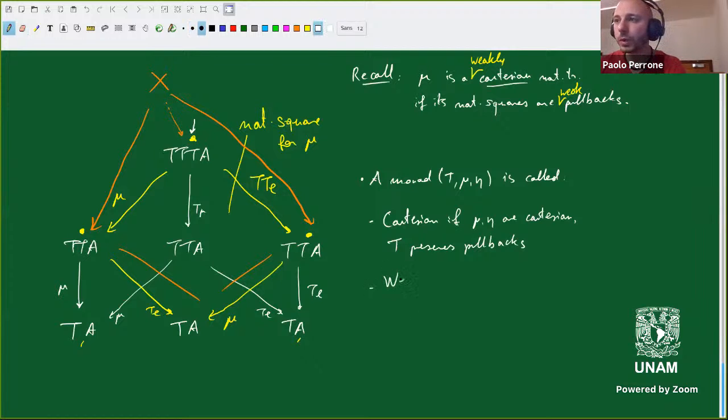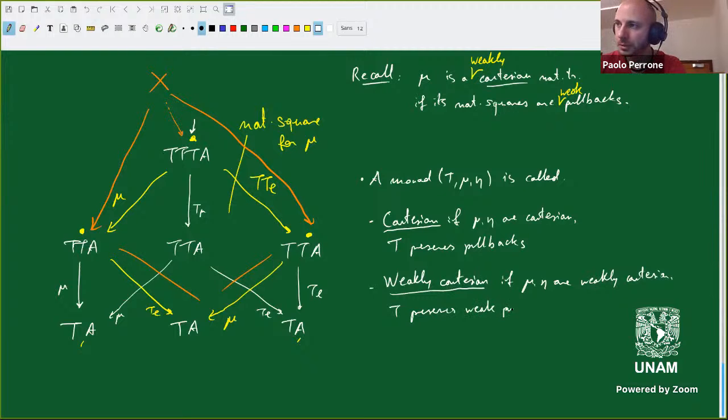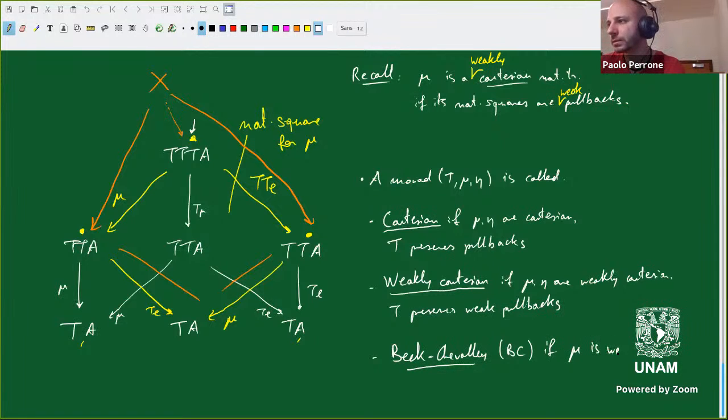The monad is called weakly Cartesian if mu and eta are weakly Cartesian and T preserves weak pullbacks. These are definitions. And the monad is called Bach-Chevalier, or BC, if it's the same as above, except the unit. So if mu is weakly Cartesian and T preserves weak pullbacks.